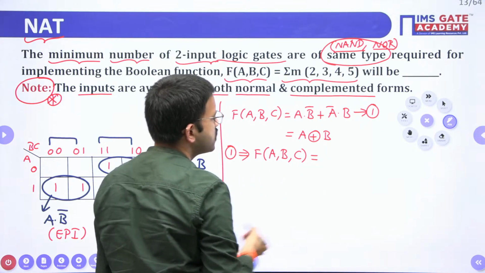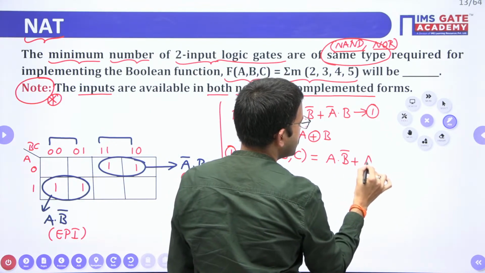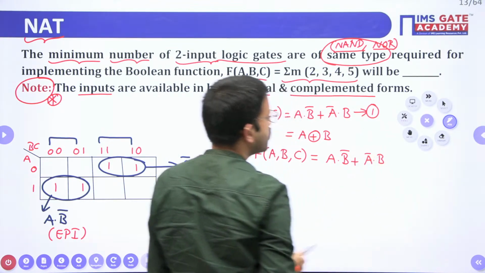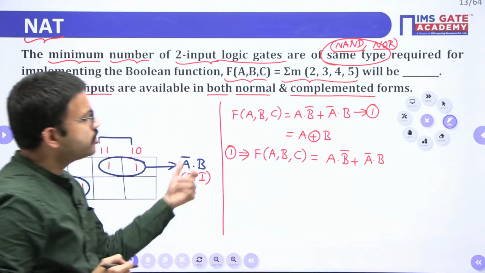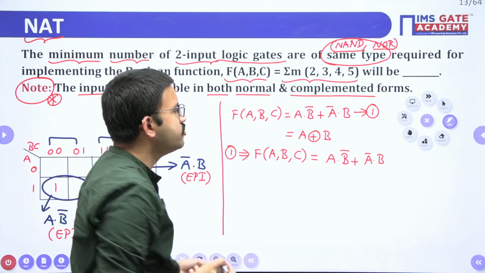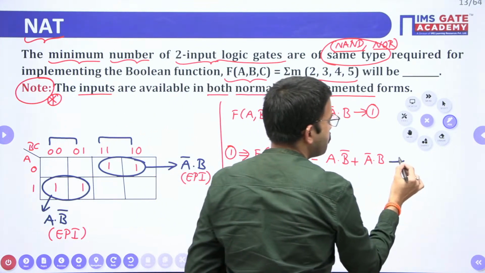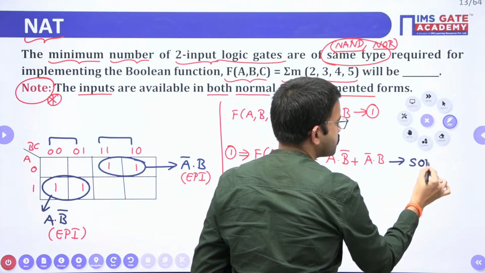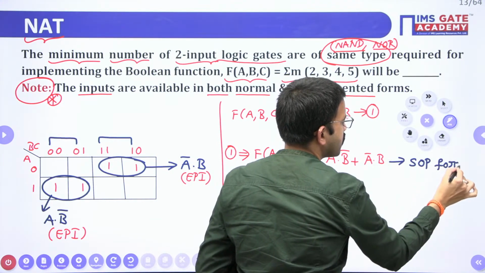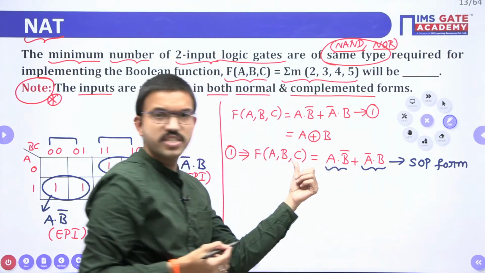Regarding f of ABC, you have AB bar plus A bar B. Whenever you want to implement any Boolean function with the help of NAND gates, what will you do? Here the function is in SOP form, with product terms summed together.